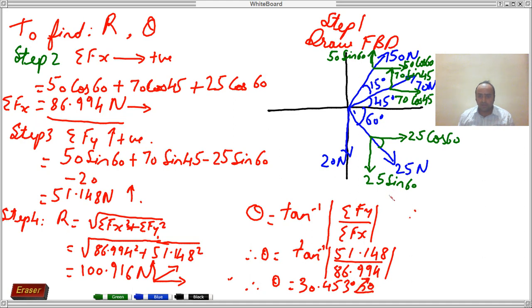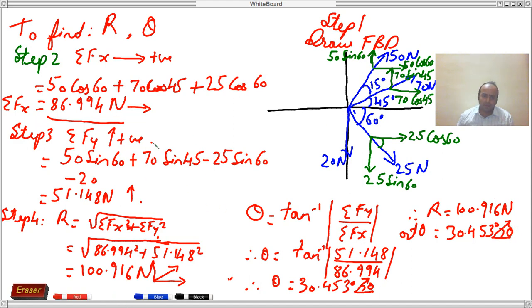So friends, therefore R is equal to 100.916 Newton at theta is equal to 30.453 degrees towards first quadrant. So friends, the problem is basically asked for 4 marks or 5 marks in the paper.